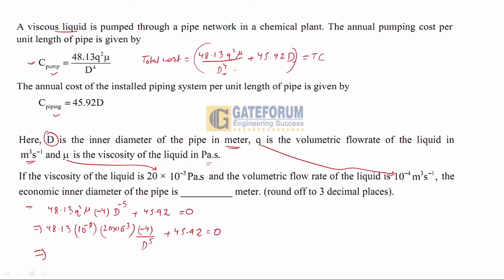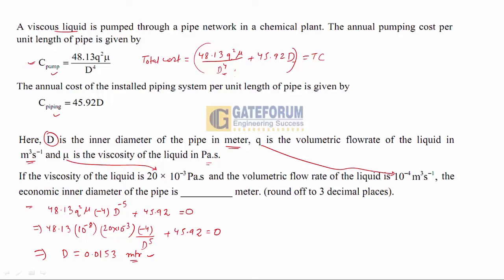So this implies, here it's a minus sign, so everything will be shifted backwards, and finally on solving with the help of your calculator, you'll get the value of D as 0.0153, and this unit will be in meter, as everything is in standard units. So the final diameter will also be in meter only.